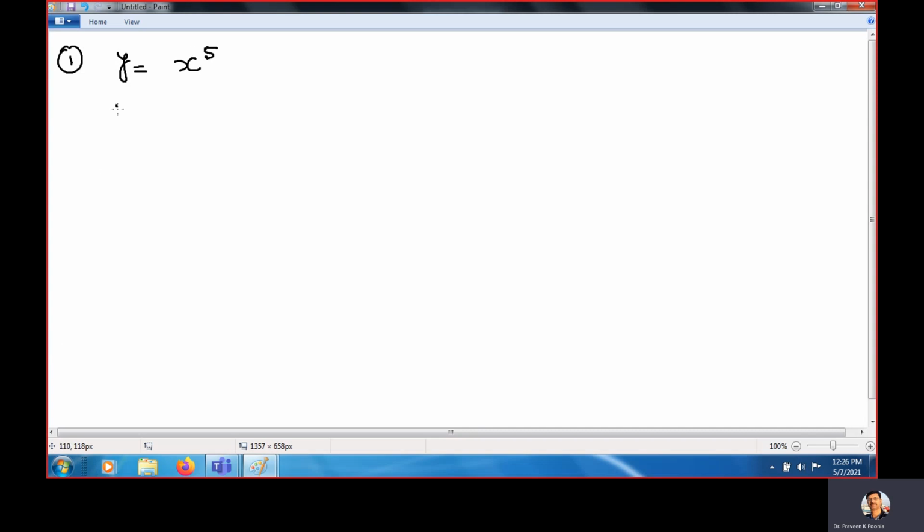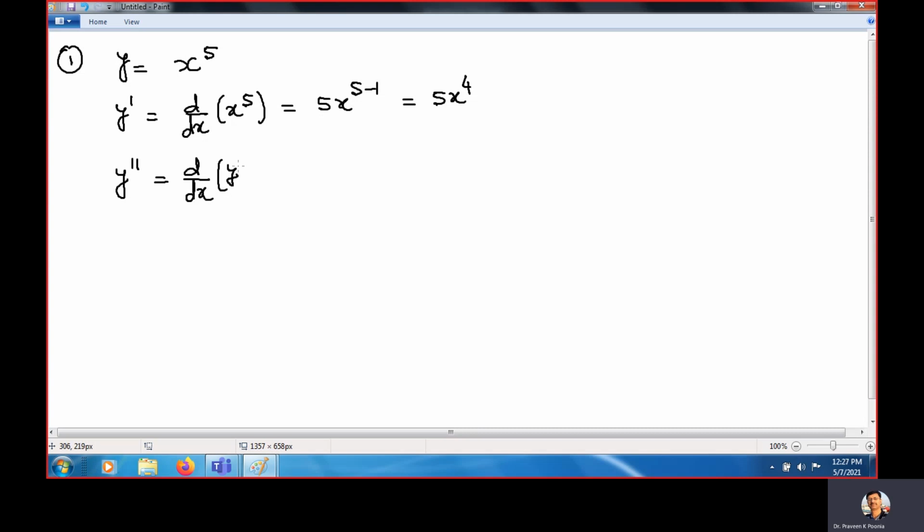If I take one example, y is equal to, let us say, x power 5. So what is y dash? Y dash is d by dx of x power 5. And what is the formula? The formula gives 5x power 5 minus 1, so it is 5x power 4. This is the first derivative. But if I want the second derivative, dear friends, I need to differentiate whatever I get in y dash.